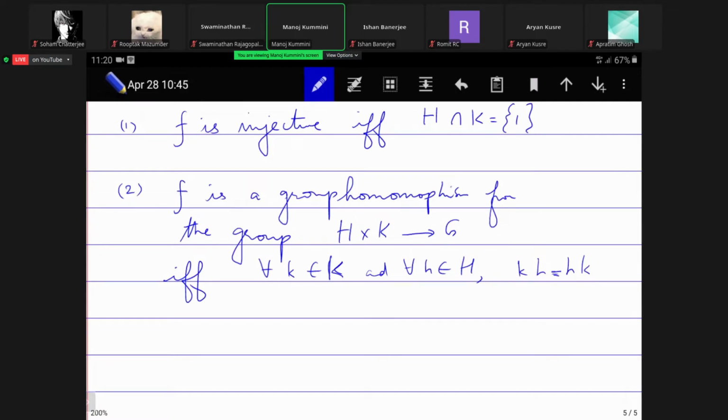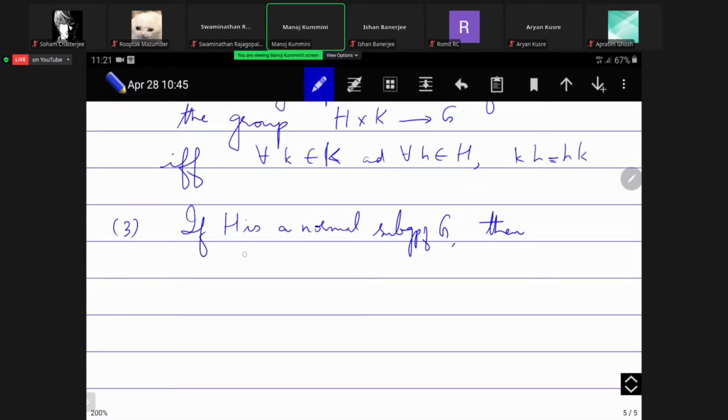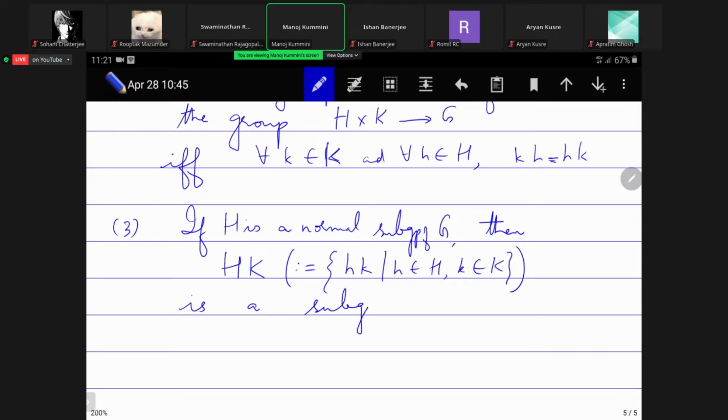Okay, so 3. If H is a normal subgroup of G, then HK, which is by definition things of the form h times k, h inside H, k inside K, just take the products, is a subgroup of G. It is potentially bigger than H, but it's okay.